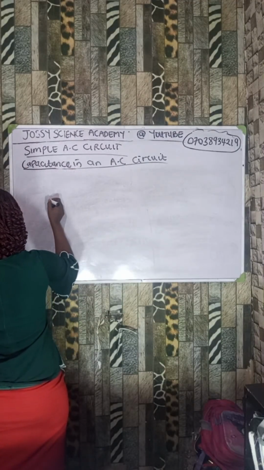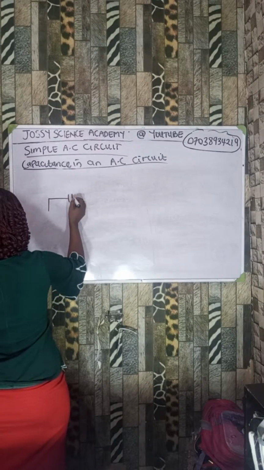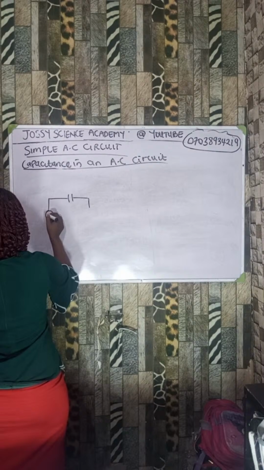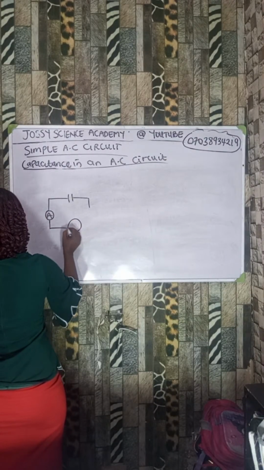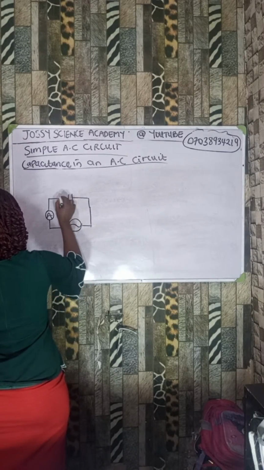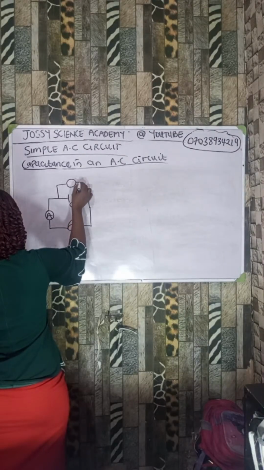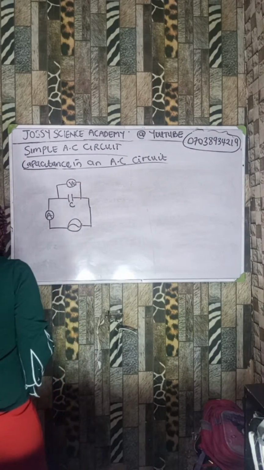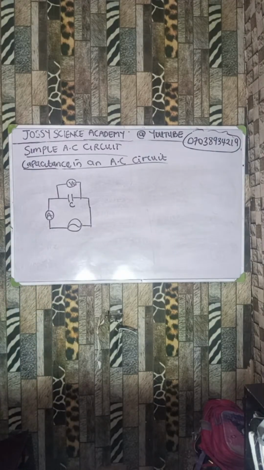So let's draw our diagram again. Look at it. The same diagram, but we no longer have the resistor. Last time we did the inductor. Now we no longer have the inductor. We have a capacitor.